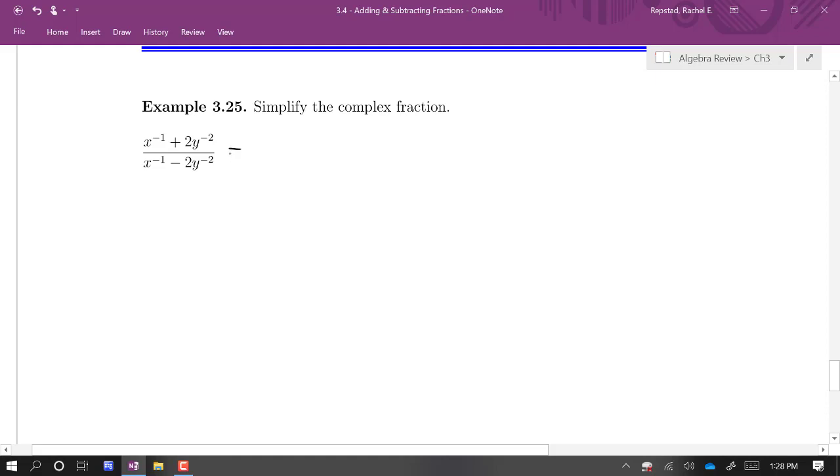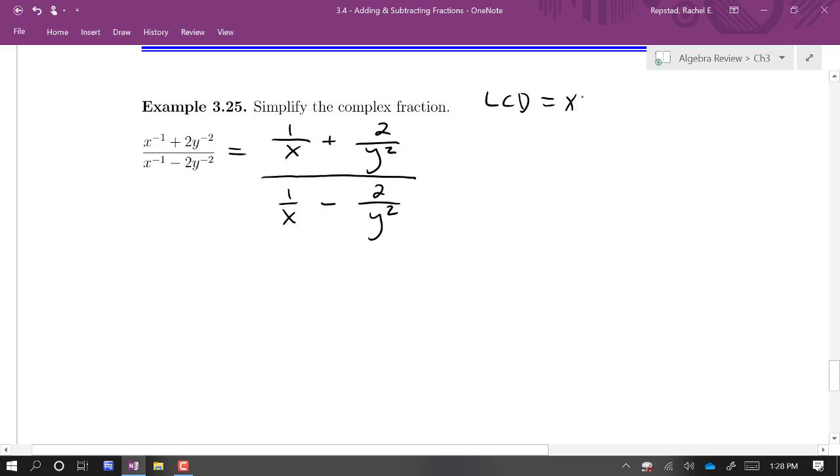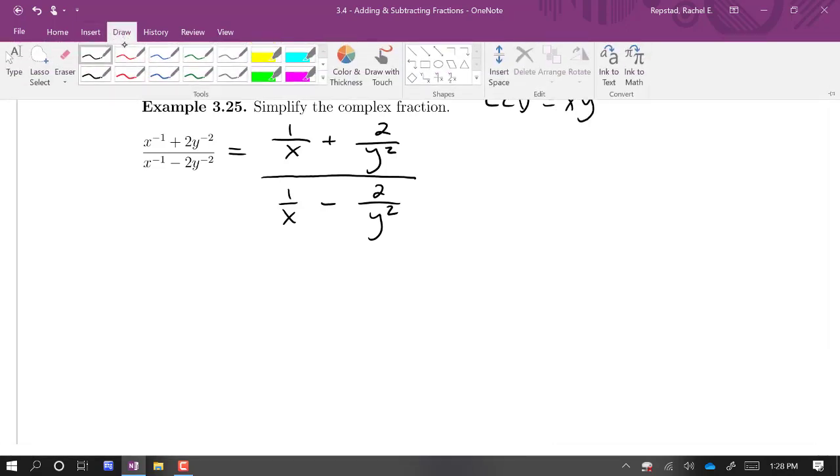But I see right through that, so the first thing I'm going to do is rewrite it as the complex fraction I know it is, 1 over x plus 2 over y squared over 1 over x minus 2 over y squared. The LCD of all the little fractions in this complex fraction is xy squared.